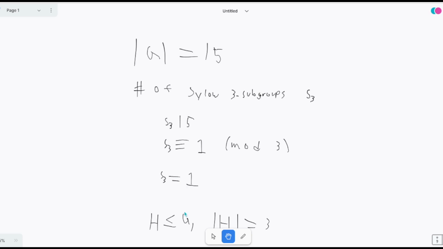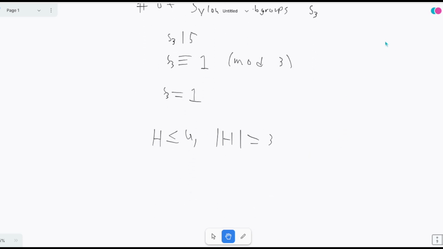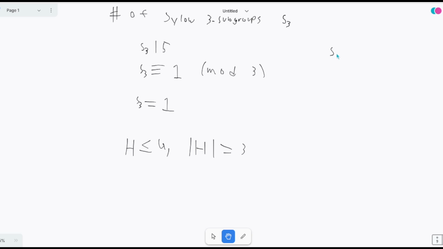And if we do the same thing for order 5, we get S5 divides 3, and S5 is 1 mod 5. And this has the exact same consequence, that S5 equals 1. So call K the subgroup of G where K has order 5.